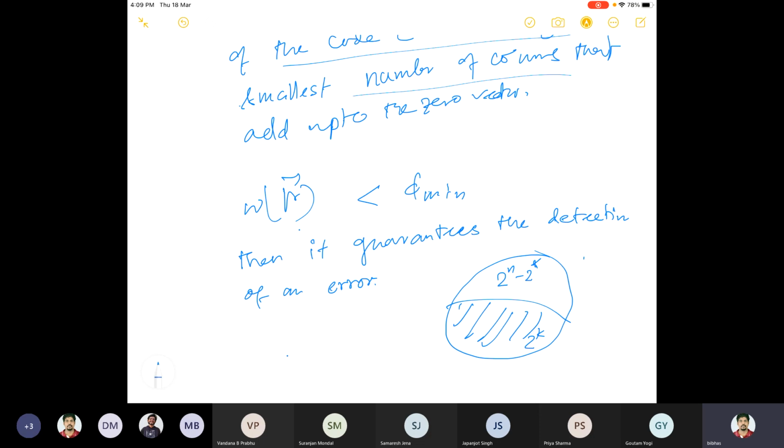So the number of non-zero vectors here is 2 to the power n minus 2 to the power k, minus 1. Because we can just forget about the 0.